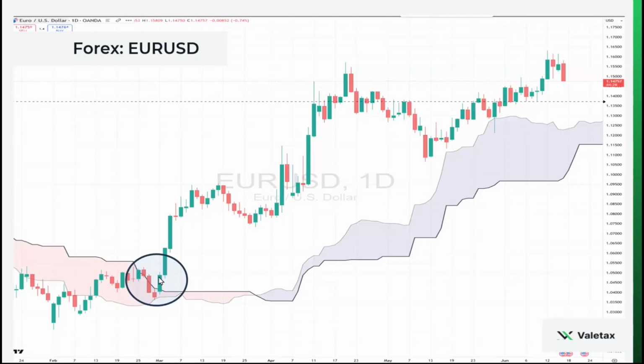Okay. But remember, initially you got stopped out here and then your trade came in. So in this worst case, there are going to be some false breaks which you're going to get into, and you will have to take a loss on them. But when the winners come, they'll be big enough to take care of your losing trades.